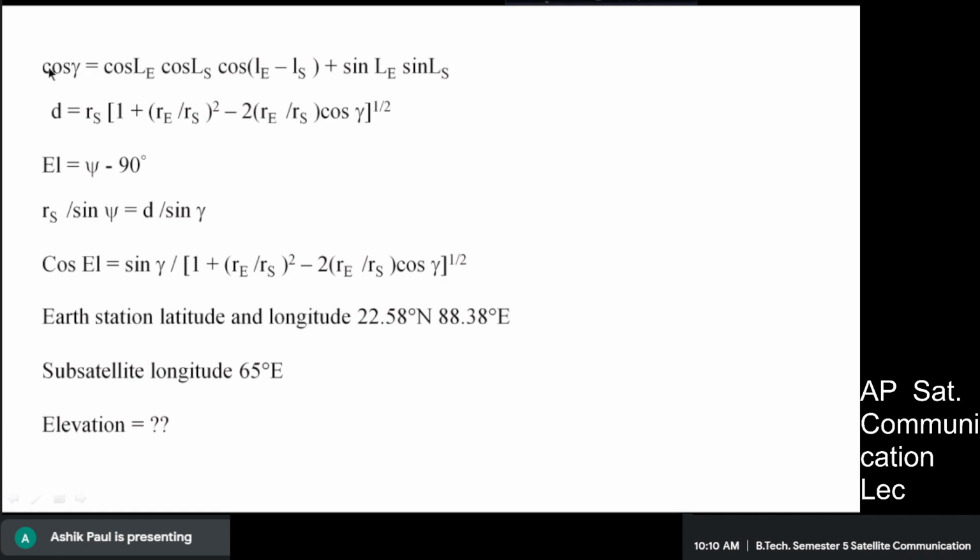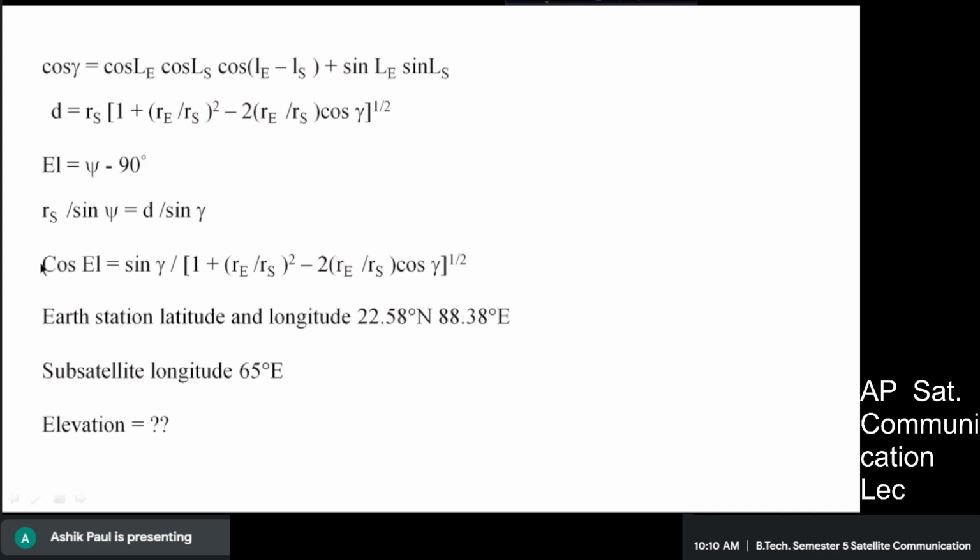So starting with the cosine of this central angle, the distance between the Earth station and the satellite is expressed in terms of the radius of the Earth, the distance of the satellite from the center of the Earth, and the cosine of the central angle. Then, following the law of sines, we can also express it in this way.